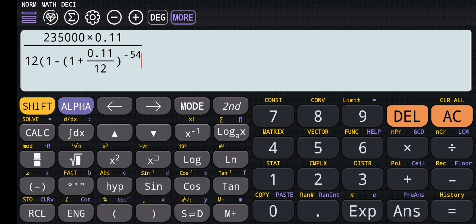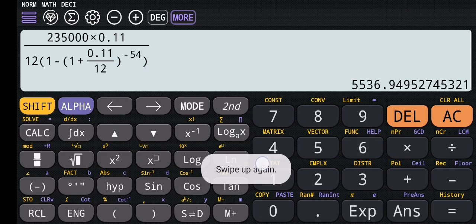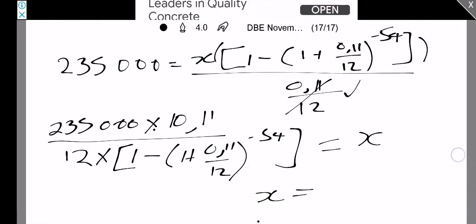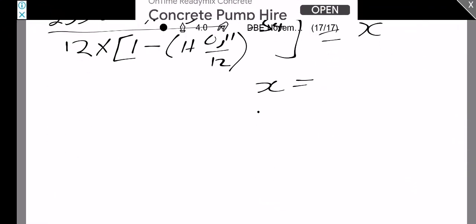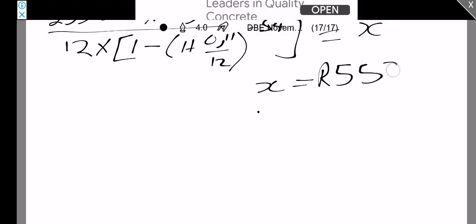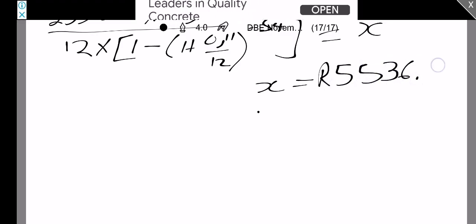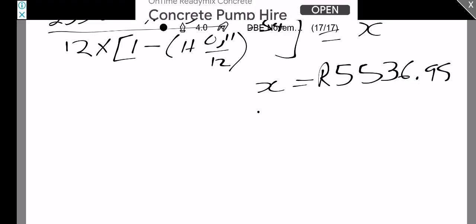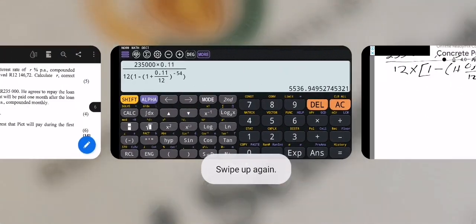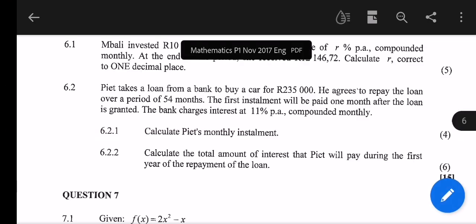That is 5,536.95. That is the monthly installment that PIT is going to pay every month to the bank.